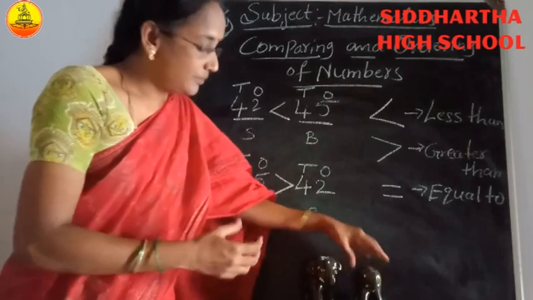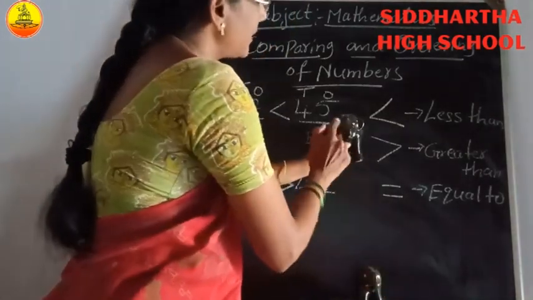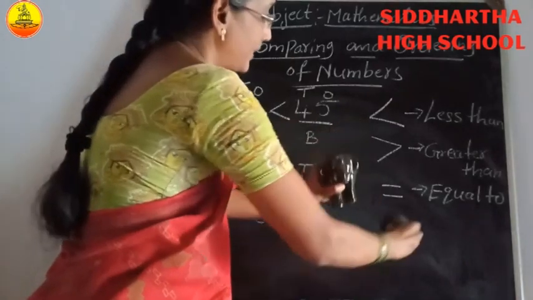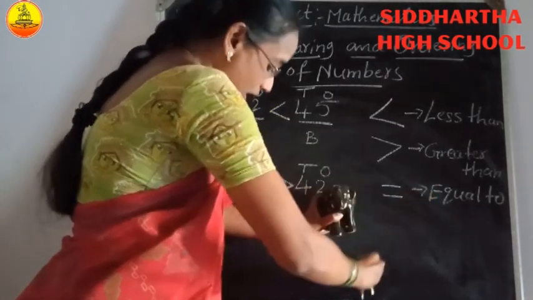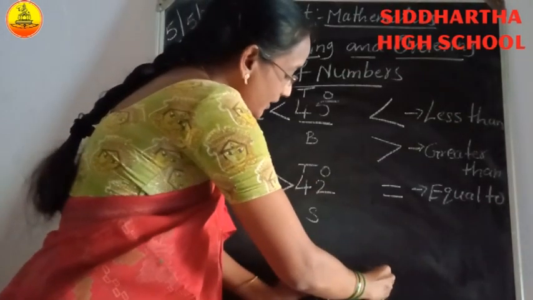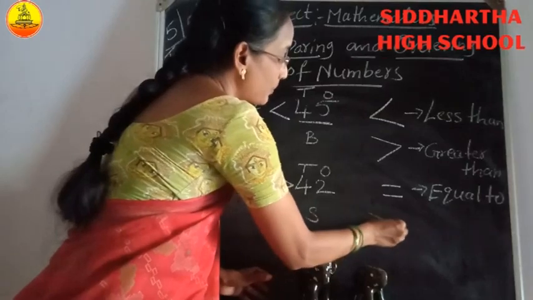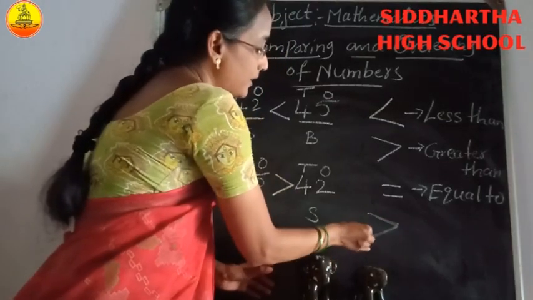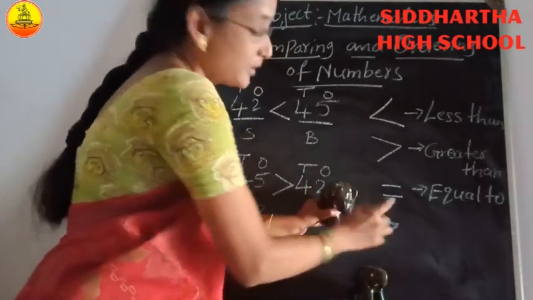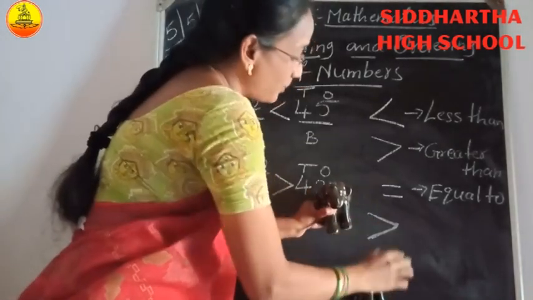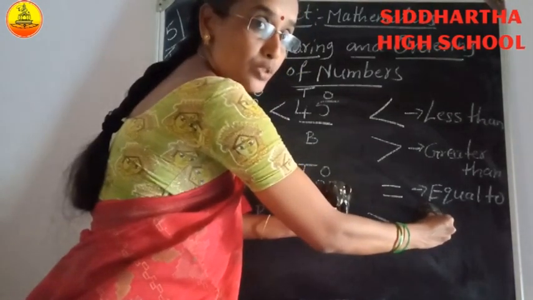Here is the big one and here is the small one. The open side always goes toward the big number. The big number side is the open side, and the small number side is the closed one.